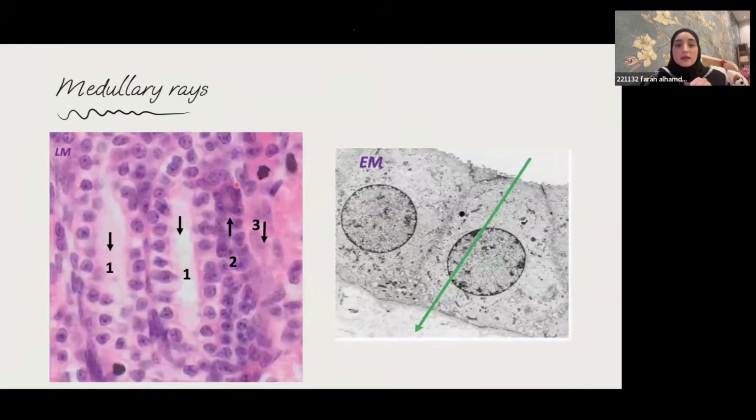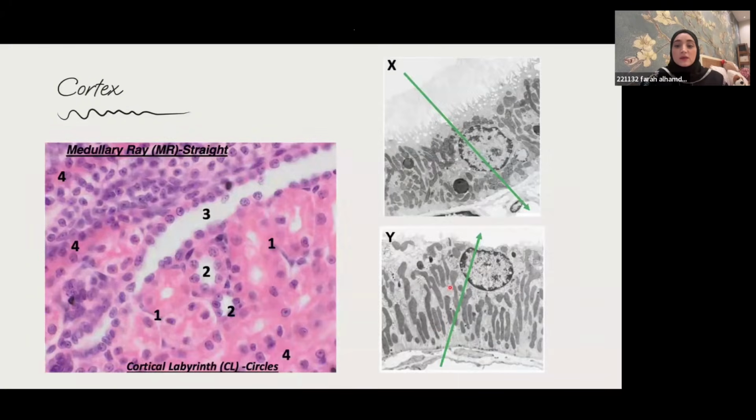Okay, here also the medullary rays, we have these cells. These cells now are completely white. Okay, they have very little microvilli, if anything. Basically no microvilli, no organelles. See, here we saw many organelles, mitochondria, Golgi apparatus, whatever.